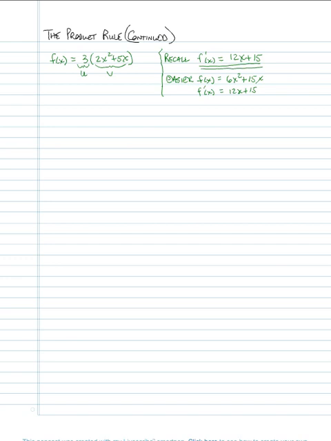Now, what would happen if we actually applied the product rule? What would happen if we used the product rule? Well, of course, the product rule is kind of complicated, so we don't want to use it if we don't have to. But let's see in this case what would happen. So remember, f prime of x, if we have a product, is the first function, in this case that's 3, times the derivative of the second function.